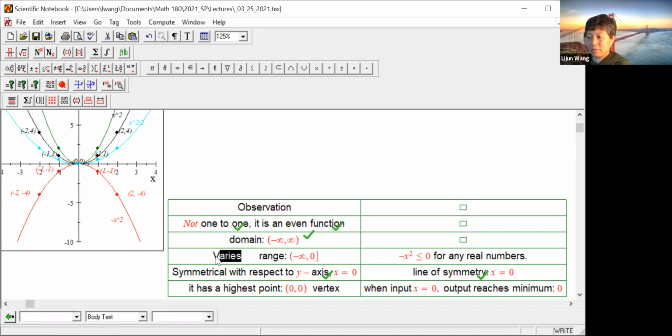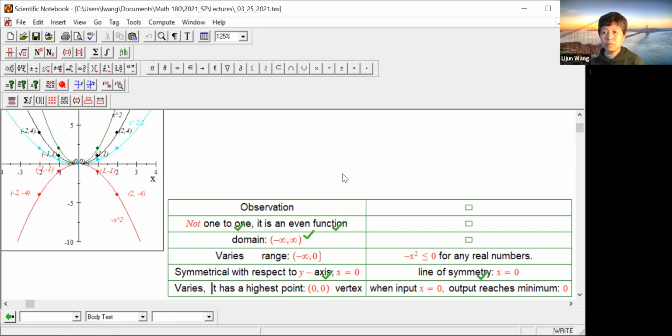In terms of lowest point or highest point, that varies. How about the minimum maximum? We no longer have a minimum. We actually have a maximum. Do you follow me?